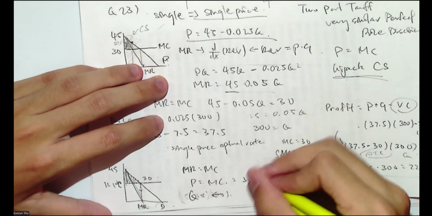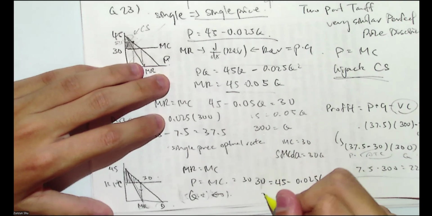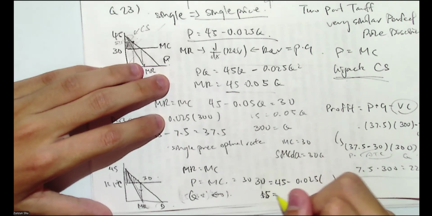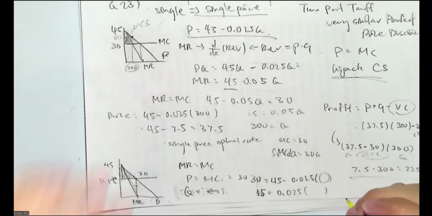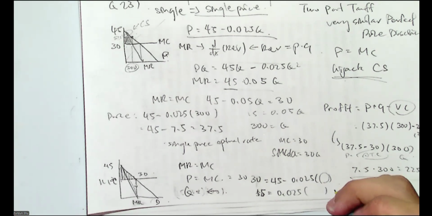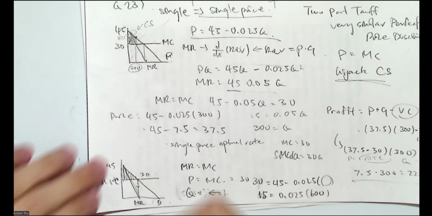But we know P is 30, right? So 45 minus 30, so 15 equals 0.025Q, and by solving the equation you'll get 600. So now you get the quantity of 600.